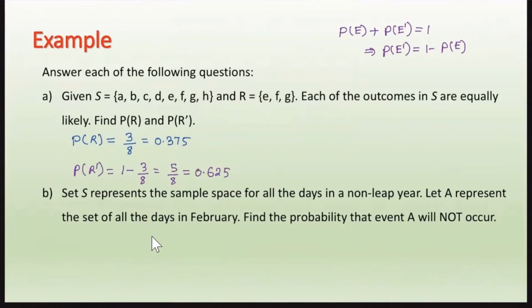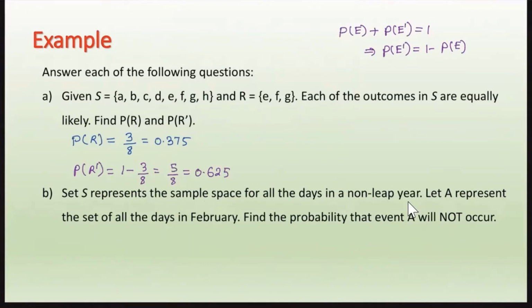Let's go to the second part then. S represents the sample space for all days in a non-leap year. So when we say all days in a non-leap year, how many days are there in all? In a non-leap year, how many days are there in 1 year? 365, very good.